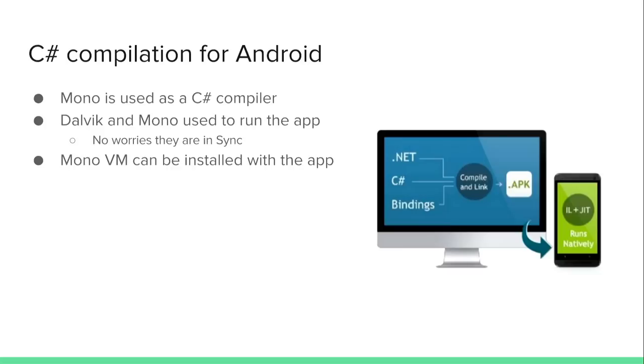It works in parallel with Dalvik. So when you're developing an application in Xamarin and deploying it on an Android device, you're actually installing Mono in the background. So that's how it works.